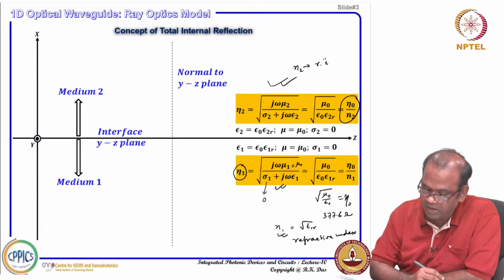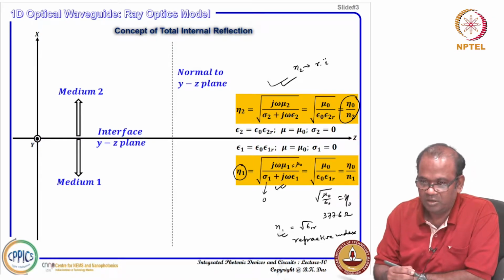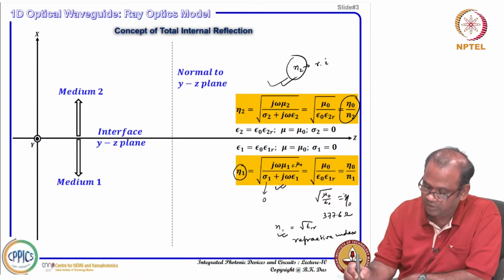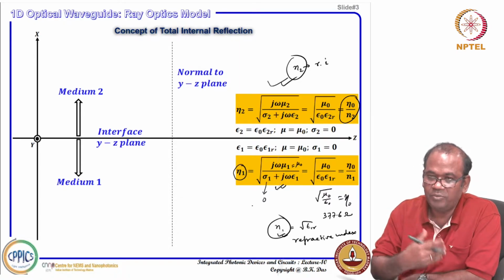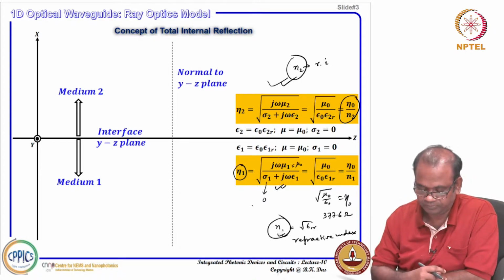Okay. So, that means if it is a dielectric medium and we want to see how an electromagnetic wave behaves at the interface, we only need to know n1 and n2. If n1 and n2 are known, then we will be able to explain how the electromagnetic wave behaves at the interface.